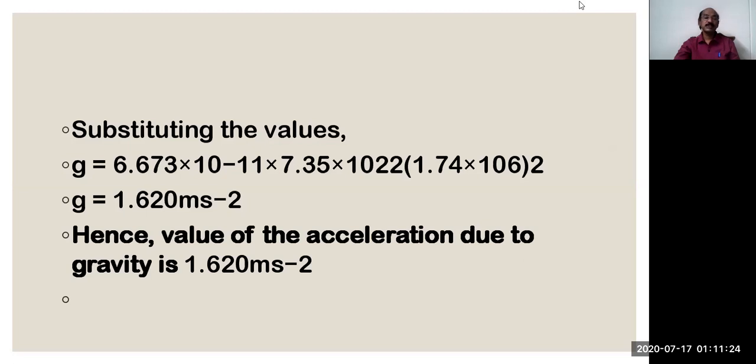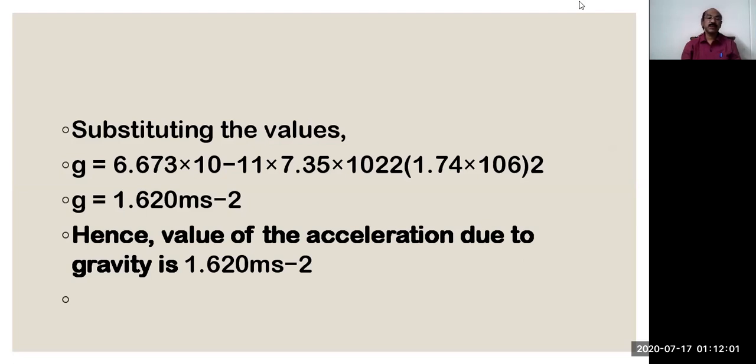When the body is falling from a certain height towards the Earth, acceleration a is taken as plus g because its velocity gradually increases at the rate of 9.8 meter per second square, that is, per each second. So here acceleration is taken as positive, that is plus g. When the body is moving up, acceleration is minus g, the acceleration due to gravity.